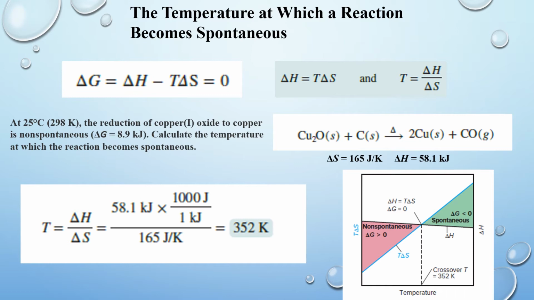We know that this reaction is at equilibrium when the delta G is equal to 0. That's the turning point of spontaneous and non-spontaneous.